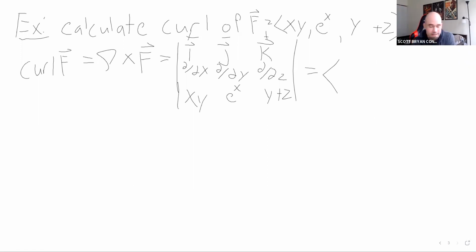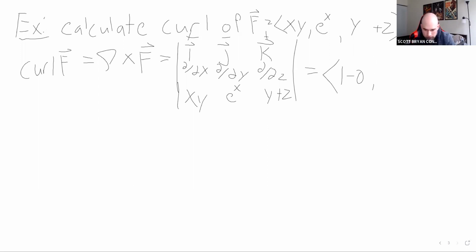Then do d/dy times y plus z. What's our d/dy times y plus z? Remember, multiplication is just take the partial. So what's the partial of y plus z with respect to y? Just 1. And then minus d/dz times e to the x, which is 0.